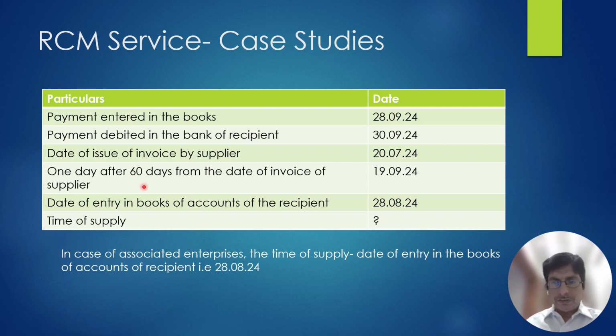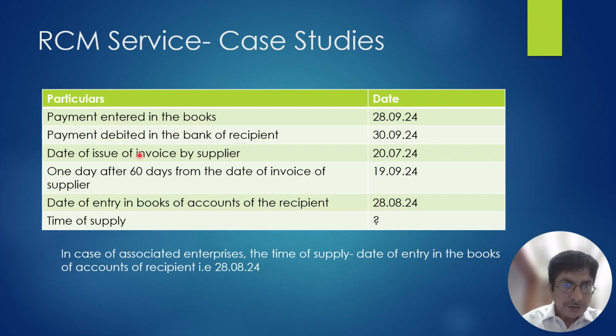How 61 days? What is mentioned is one day after 60 days from the date of invoice. That is 61 days. Don't make the mistake of 60 days. One day after 60 days from the date of invoice issued by the supplier. So that is 61 days.